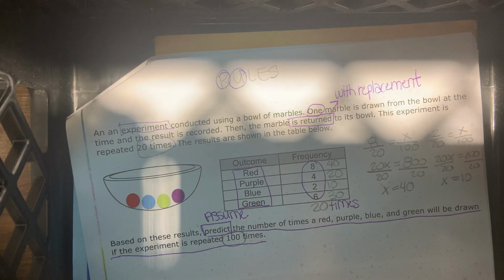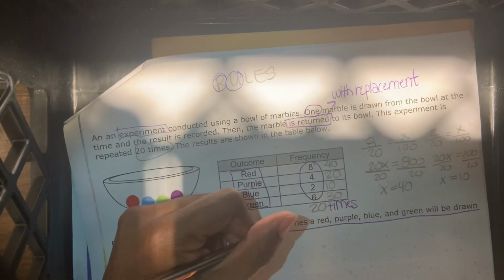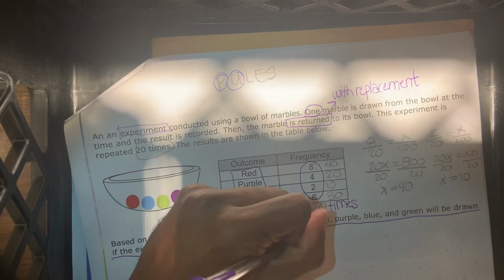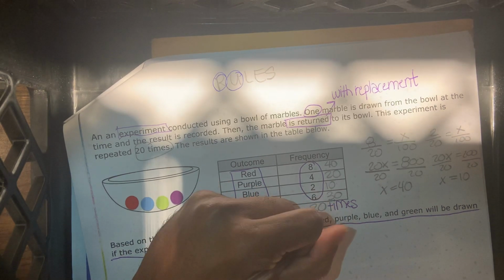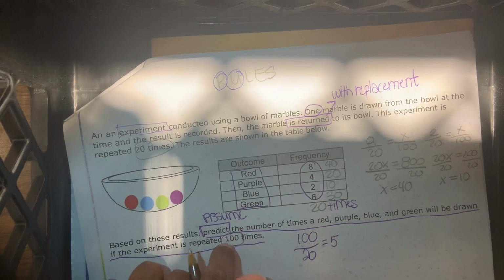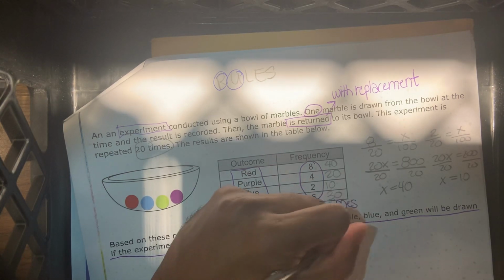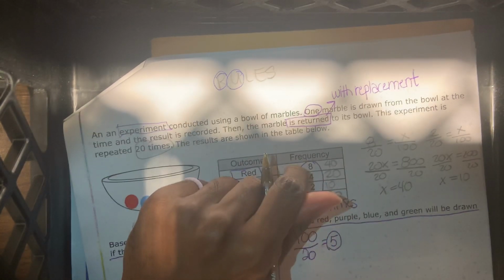So if the experiment is repeated 100 times, the first thing we'll do is go from 20 to 100. So we could divide 100 by 20, which equals 5. What this tells us is that we divided 20 into 100, so we're going to multiply all of our previous numbers by 5.